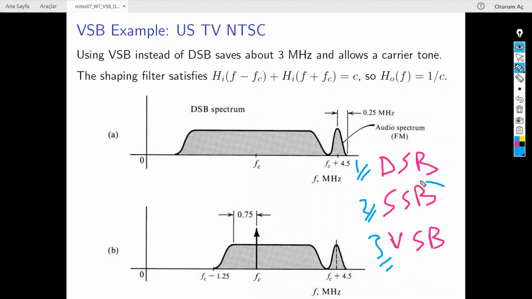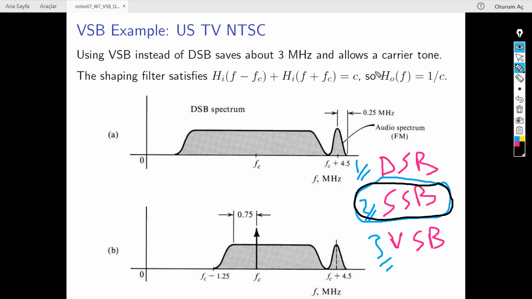To me, single sideband is the most spectrally efficient one. Do you agree with me? Yes or no?